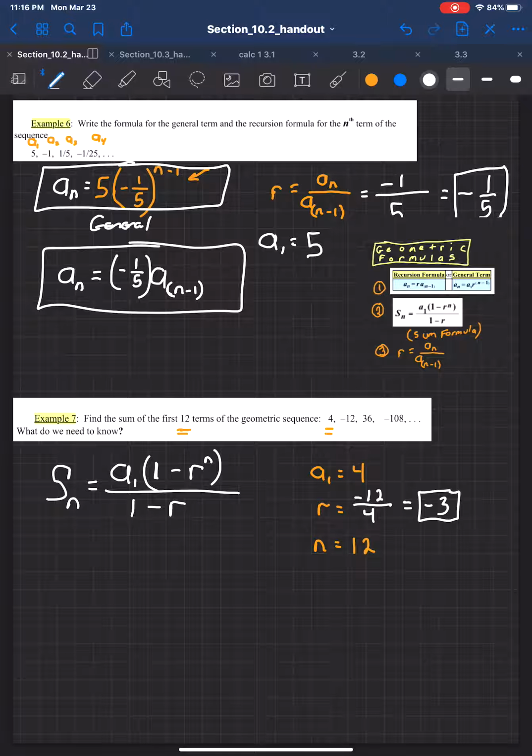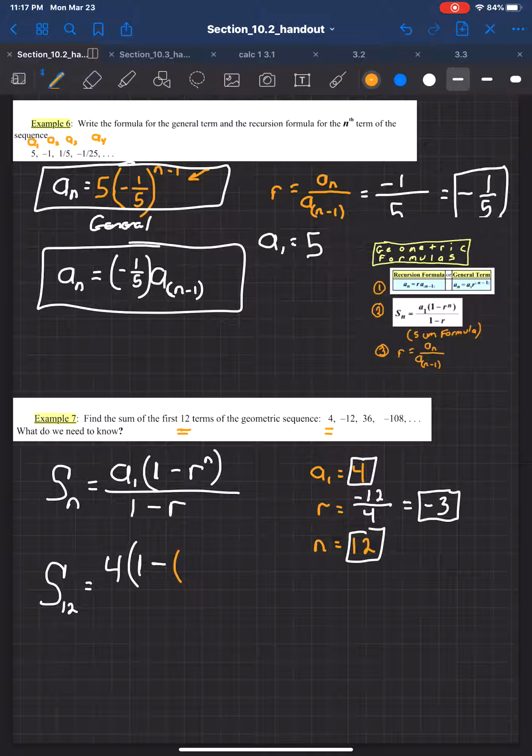Okay, so armed with this information, we can add up the first 12 terms of that sequence. Let's do it. S sub 12 is going to be equal to what? 4 multiplied by 1 minus, now be careful here, r is a negative number, correct? So that's negative 3 to the power of n.